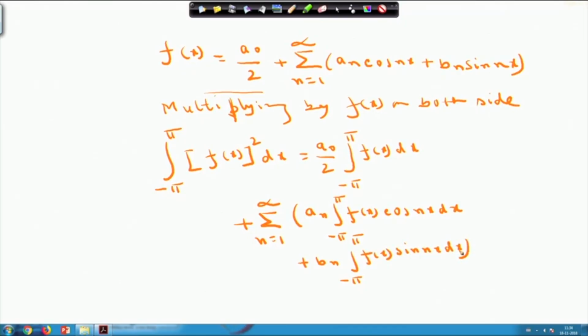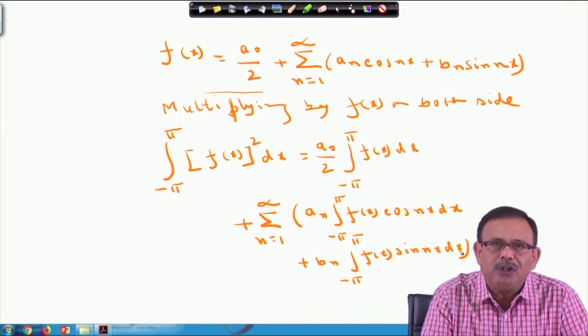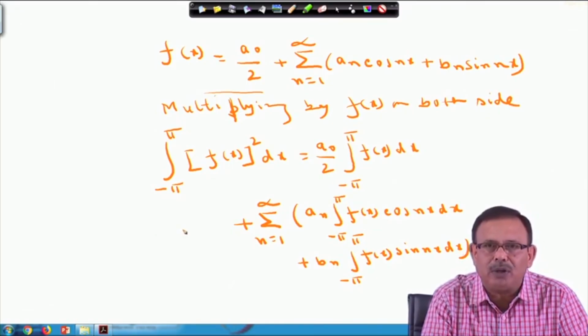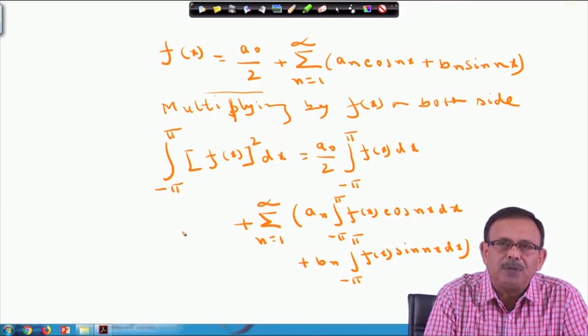We are simply, I have written the Fourier series of the function f(x) in the form of a0 by 2 plus summation n equals 1 to infinity a_n cos nx plus b_n sin nx. Now, multiplying this equation by f(x) on both sides and integrating term by term from minus pi to pi.